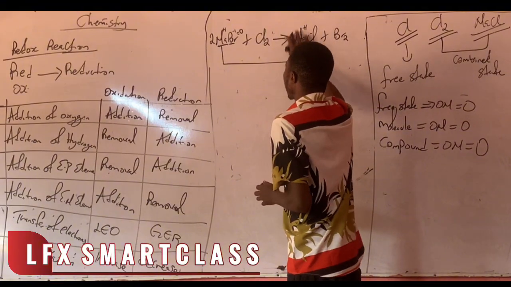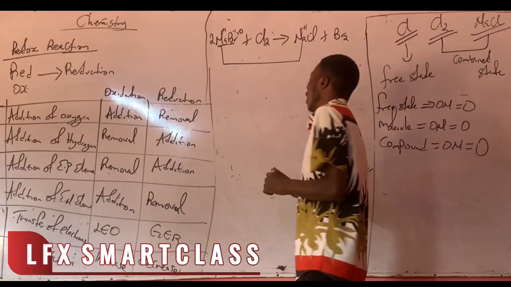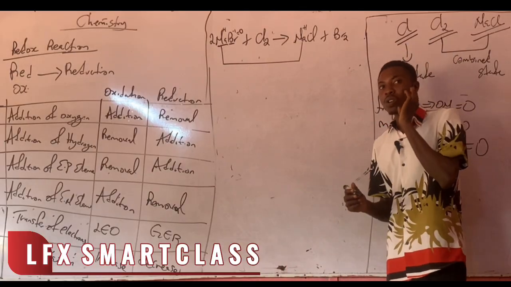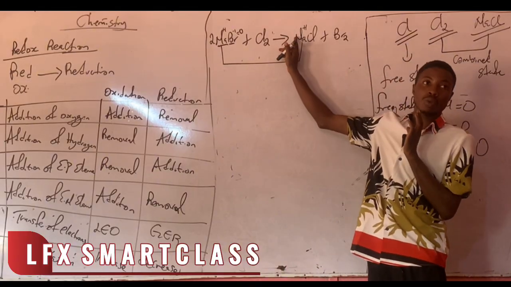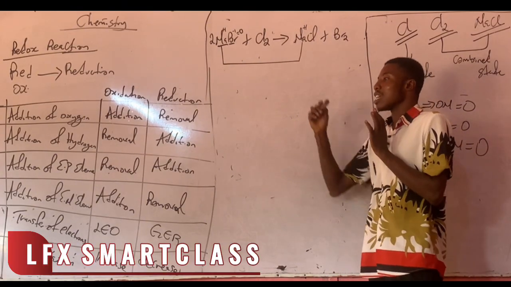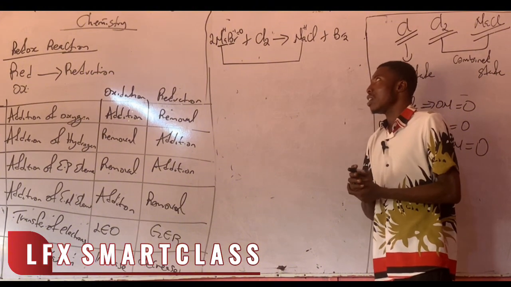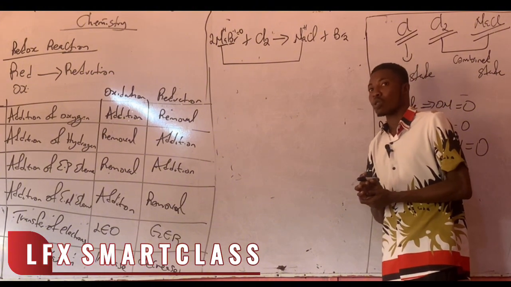Let's assume that this 2 was not here. Please listen, everybody. Let's assume that this 2 was not here. But there is supposed to be 2, because this thing was meant to be balanced. But when I wrote this, it was not balanced. Let's assume you saw this particular question in an exam, and then I asked whether sodium reduced or oxidized.